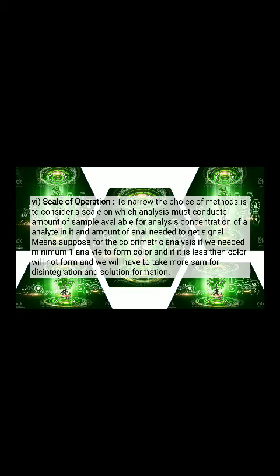Suppose for a colorimetric analysis we need a minimum amount of analyte to form color, and if it is less than that, color will not form, so we will have to take more sample for disintegration and solution formation.